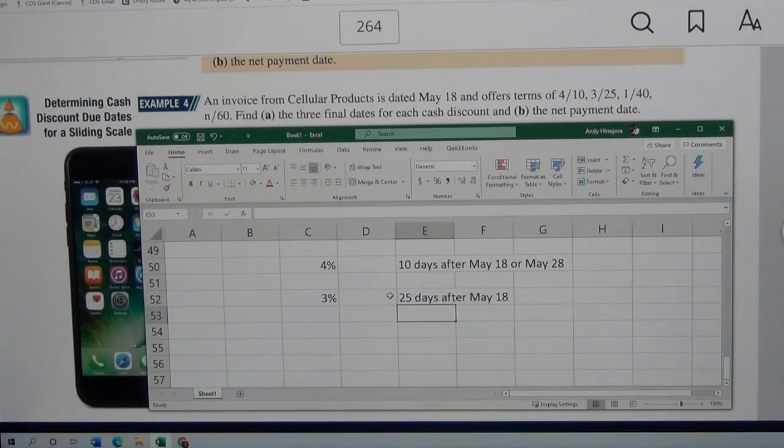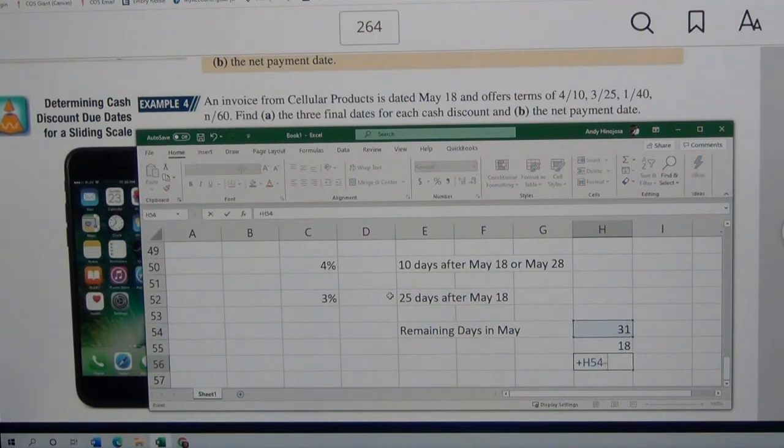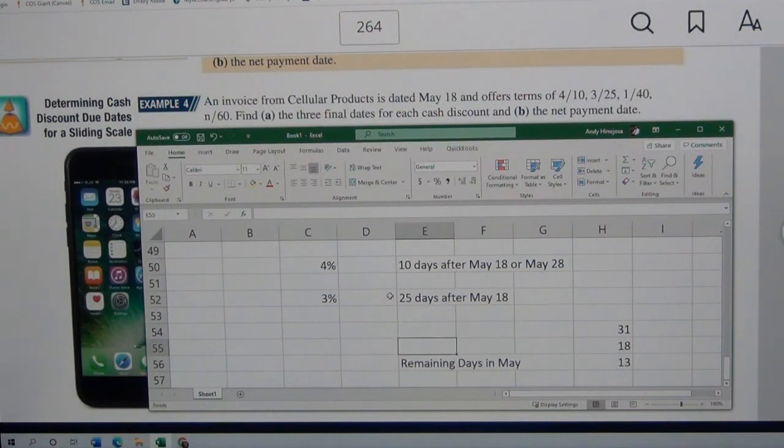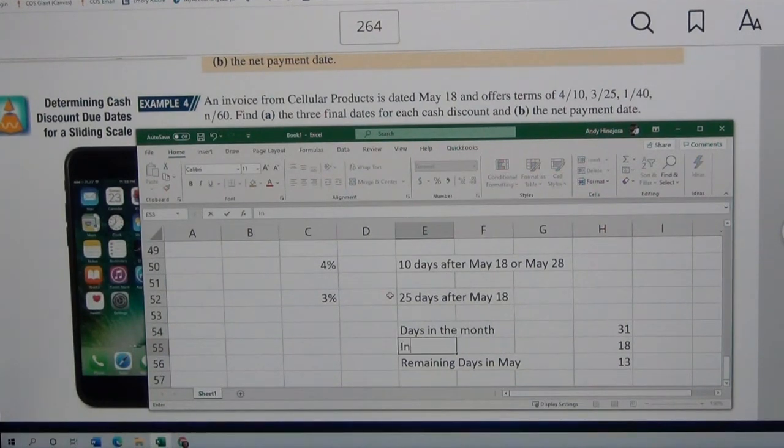First of all, how many days are remaining in May? Well, there's 31 days, and we've already used up 18, so the remaining days is 13. So we take the days in the month and the invoice date, and that gives us the remaining days.